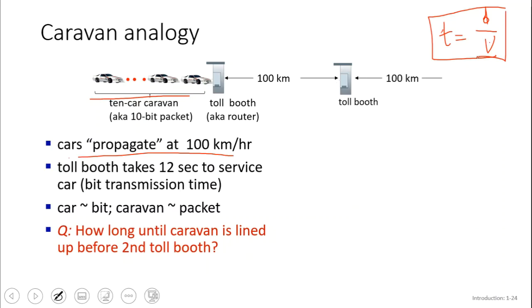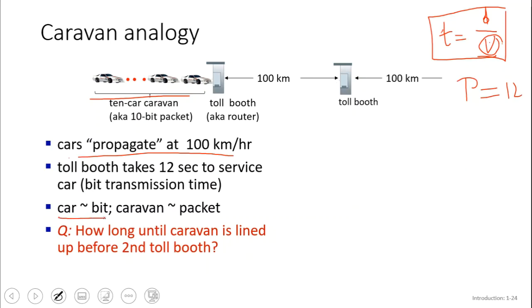So cars propagate at 100 kilometers per hour, right? This is the velocity. And then the toll booth takes 12 seconds to service a car. So the processing time is 12 seconds, right?